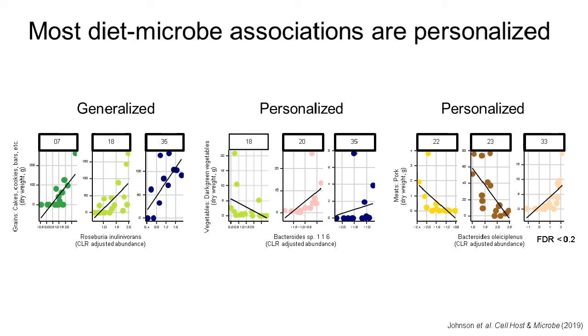The other interesting thing here is, if this is true, that food microbe interactions might be opposite in different people, then this would explain why we've had trouble finding strong relationships between foods and microbes in large cross-sectional studies. Because if pork and Bacteroides oleciplenus are going up in one person and down in another, it doesn't matter if you have a study with 10,000 people in it. You still won't uncover any association between these because it's different in different people. They're canceling each other out.